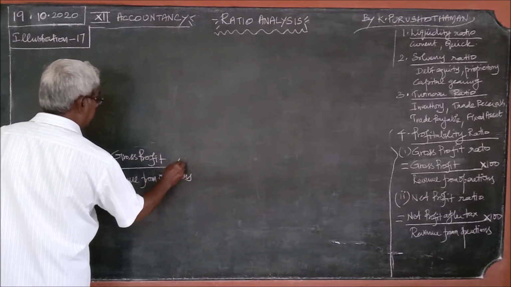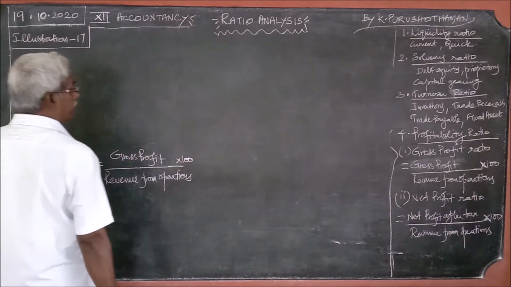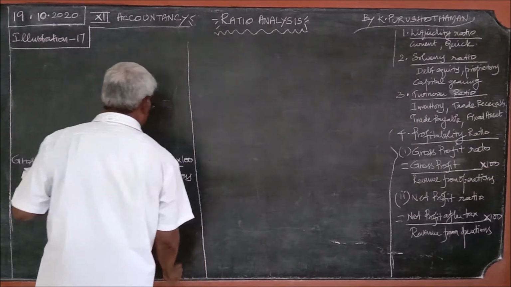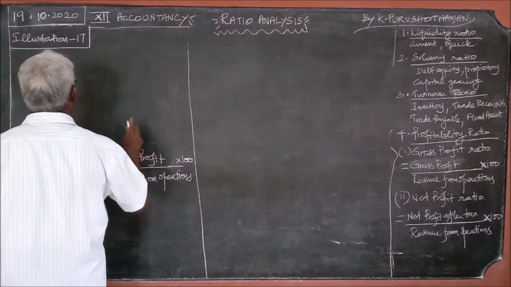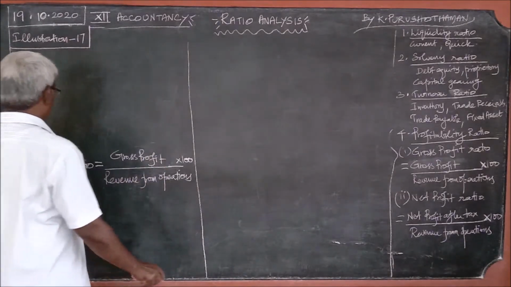As I said in the beginning, profitability ratio answer is given in terms of percentage, therefore into 100. Into 100 must be in all types of profitability ratios.